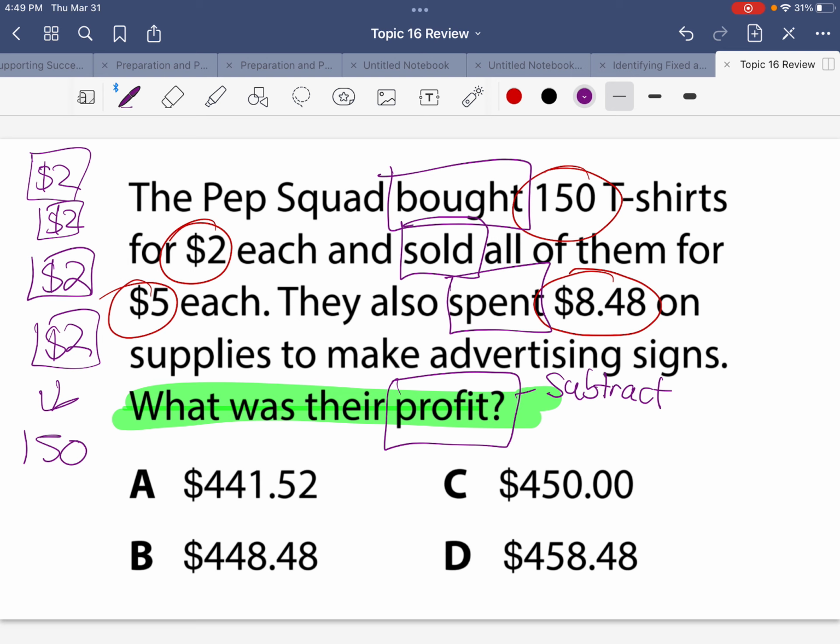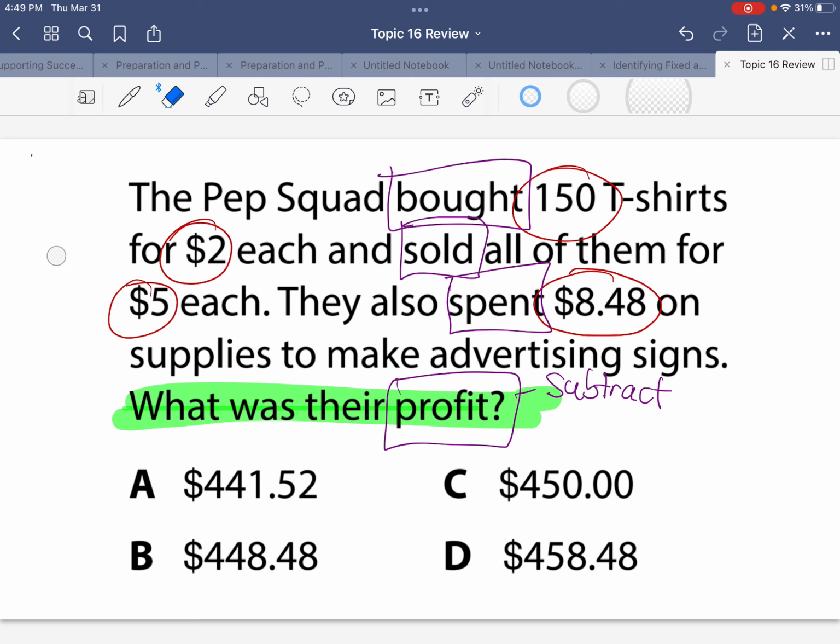I'm not going to draw that many boxes because I will not be able to. So there's no way I can add 150 times. That would take me all day. So instead, I'm going to be a fourth grader and I'm going to multiply 150 times 2.